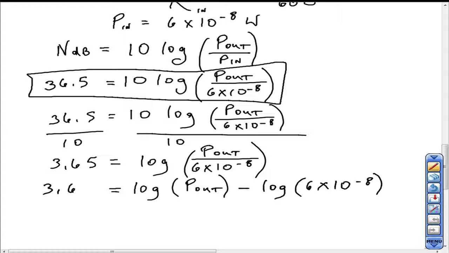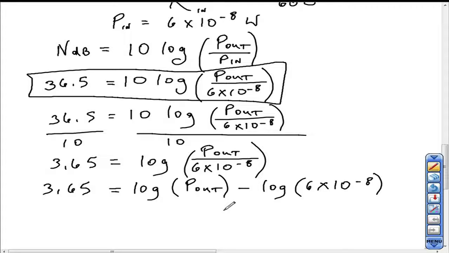That's 3.65. Remember in chapter 20, we looked at all the neat ways to mess around with log functions and natural log functions. If you're dividing, your numerator comes first, the log of that, minus the log of this, is the same thing as this.